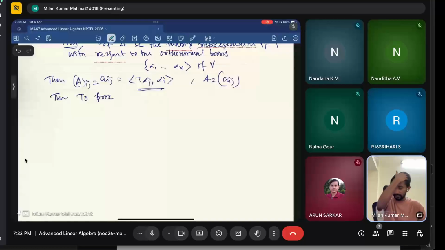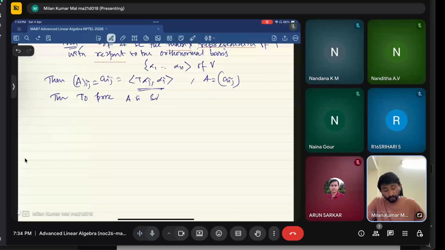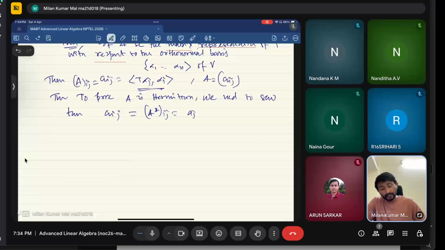To prove A is Hermitian, we need to show that Aij equals the ij entry of A star, which is Aji bar, for all i and j from 1 to n.